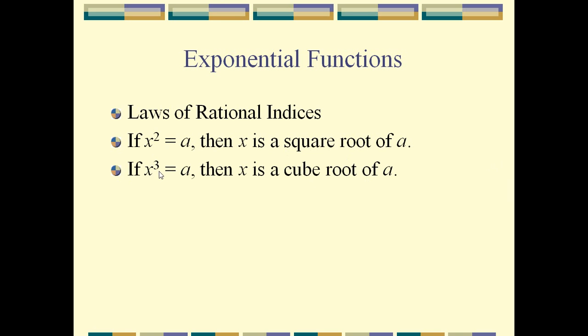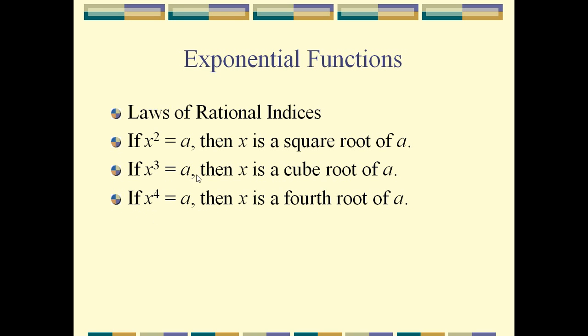If you have x to the power 3 equal to a, in this case the power 3 is an odd number, and a can be positive or negative. The 3 is called a cube, so we say x is the cube root of a.